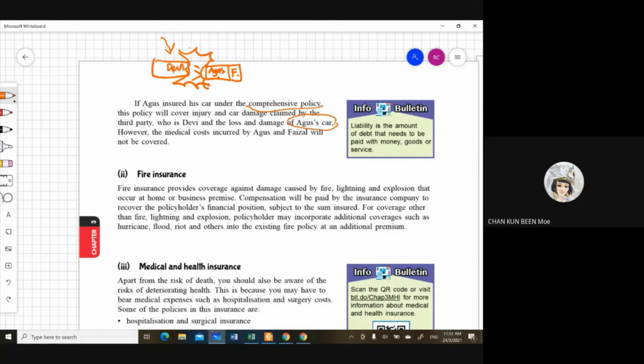So also will cover Agus' car. However, the medical costs incurred by Agus and Faisal will not be covered. Meaning if Agus and Faisal are injured, the policy will not cover. It only covers the injuries of Devi, the damage of Devi's car, and the damage of Agus' car. But if they got injured, they need to go to the hospital, they have to pay themselves. Okay, that is under the comprehensive policy, this one.